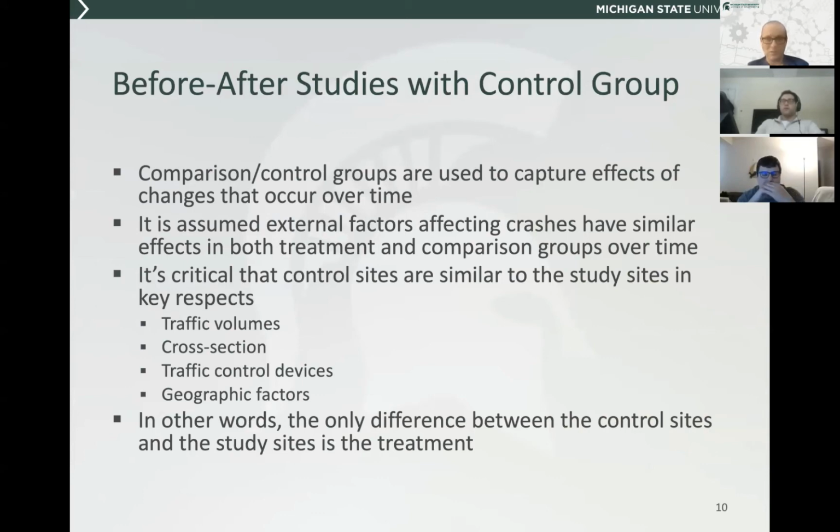And so there was a study that was conducted that basically found that sites that didn't have stop signs tended to experience crash risks that weren't significantly higher than similar sites that did have stop signs.